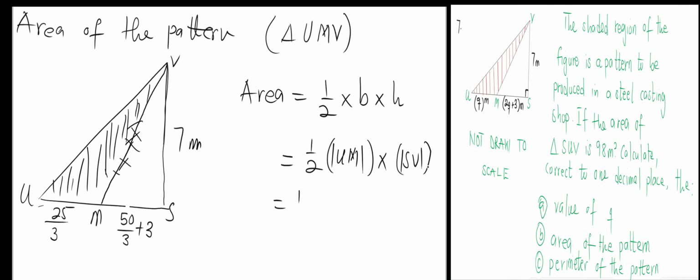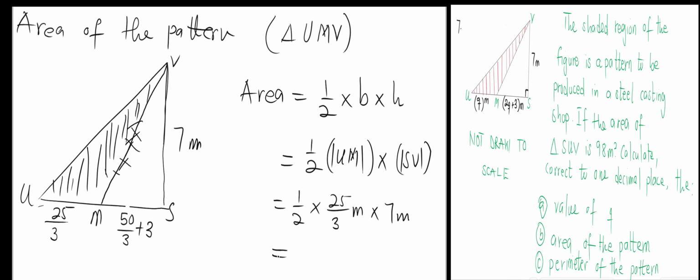So we are going to get half of UM, which is 25 out of 3 meters, multiplying the height, which is 7 meters. This will give us the area of the pattern.